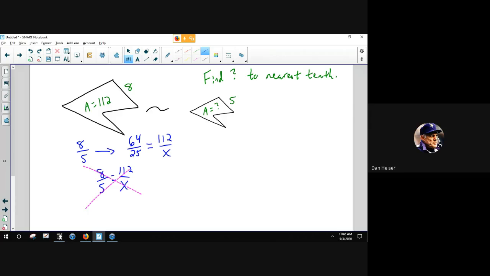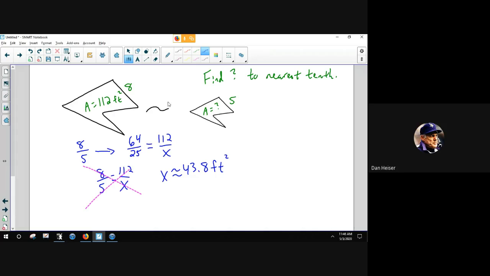I will leave the steps to you all. To the nearest 10th, we get 43.8. Whatever units we have here, let's give it a unit. Let's say this is square feet, so that we have square feet here. Using an area ratio to find a missing area.